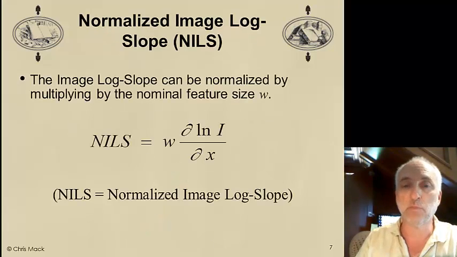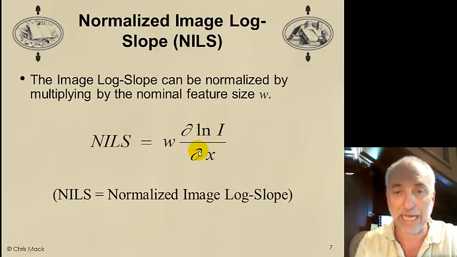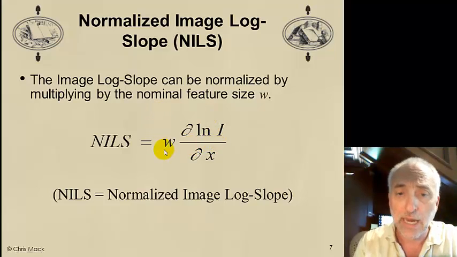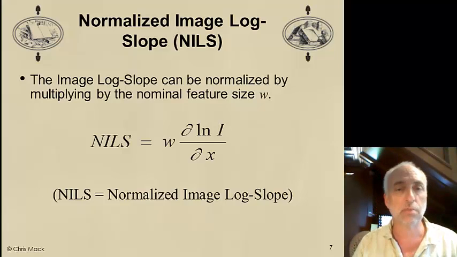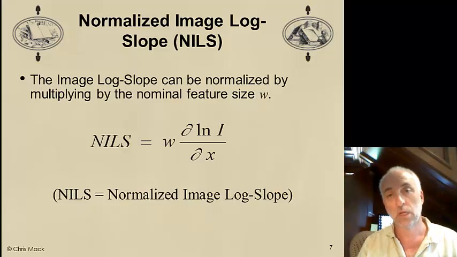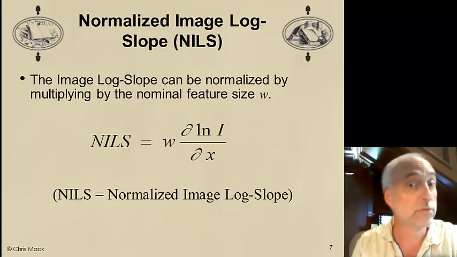Then I will multiply this image log slope, d log I dx, by the nominal feature size. Let W be the nominal feature size. And I will now have what's called a normalized image log slope. Note that the NILS, the normalized image log slope, is a dimensionless quantity. That will prove useful.